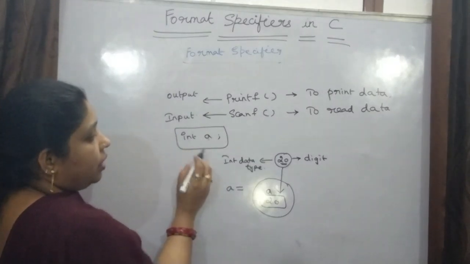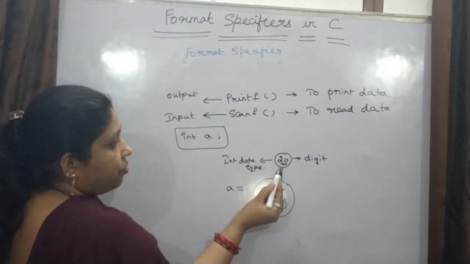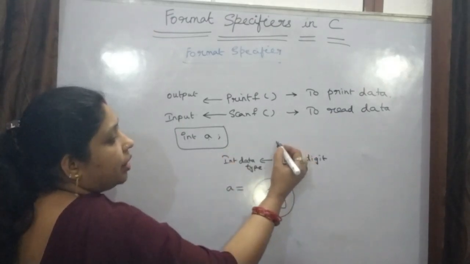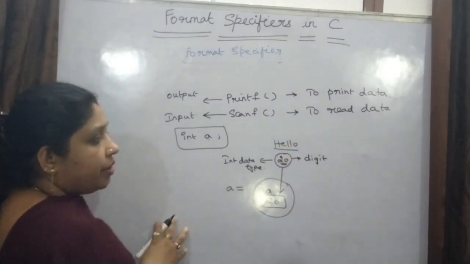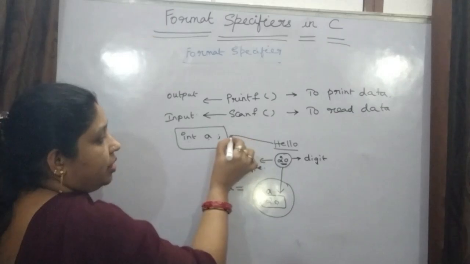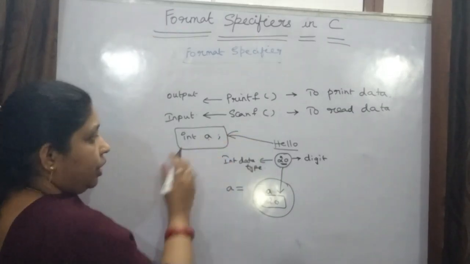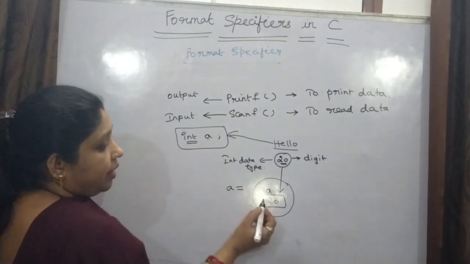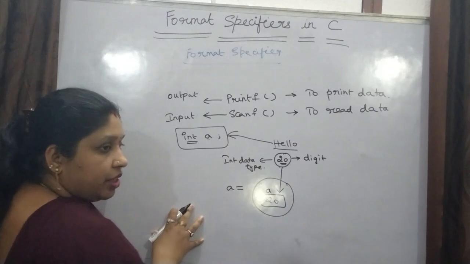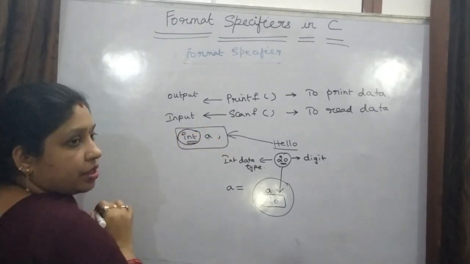When you declare like this, that means A will be taking the int data type. Suppose during input, instead of 20, you give hello. Do you think A will take hello? If it is the int data type, no, it will not take it. Hello will not come and sit here. So everything depends on this.